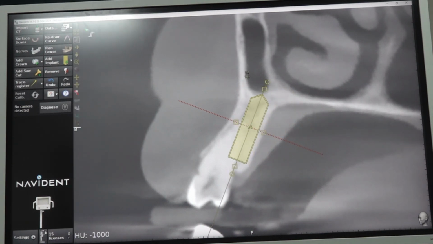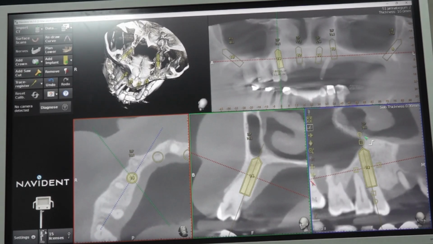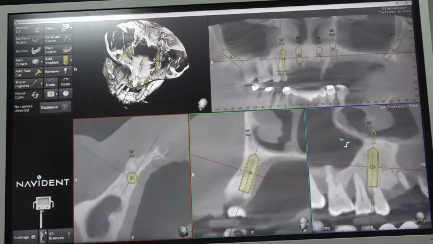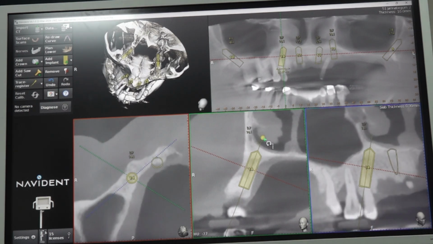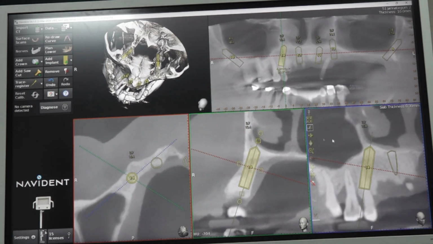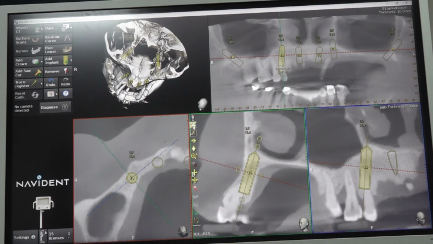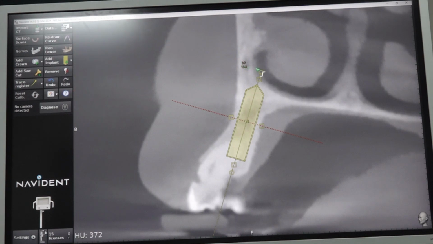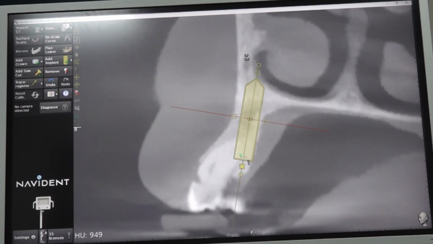We are in the sinus. We will tilt slightly inside. Now we are in good mode, right? That is almost in the buttress area. Right? So this is the buttress region, right? We can place the implant like this, or we can place the implant like this from the parallel crest.